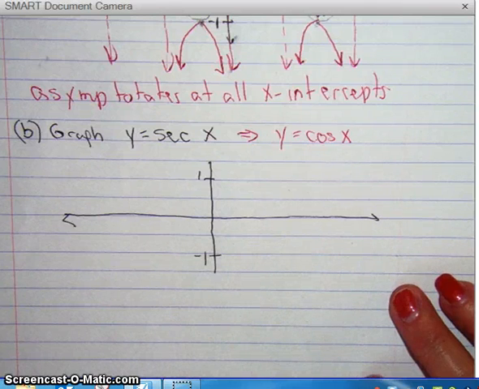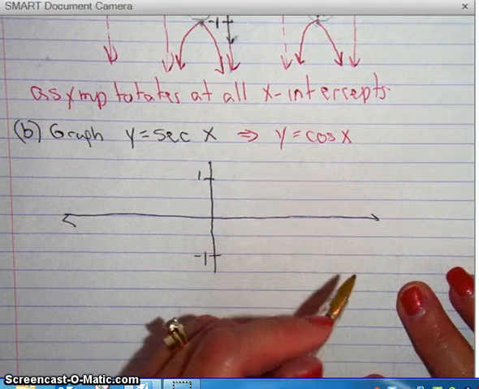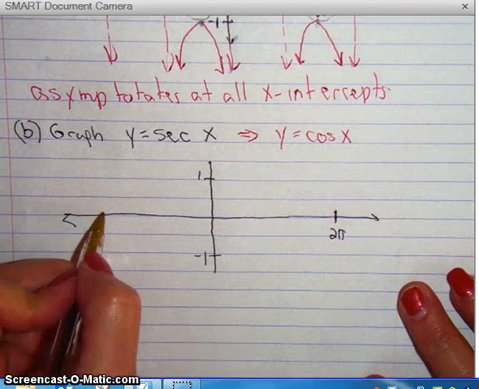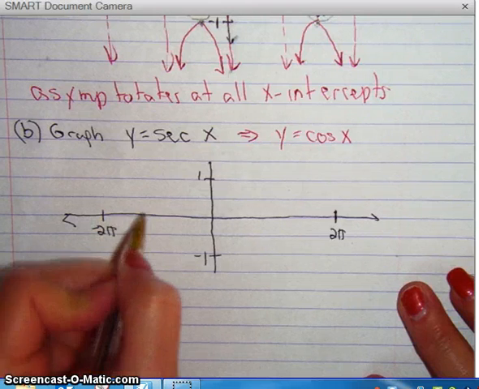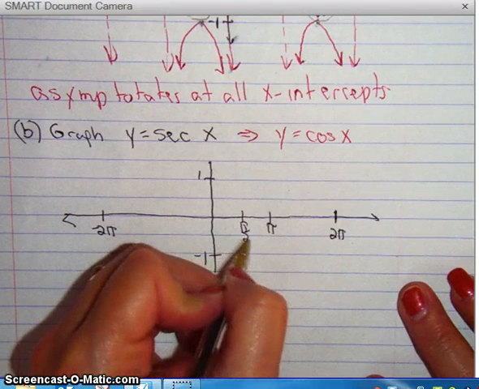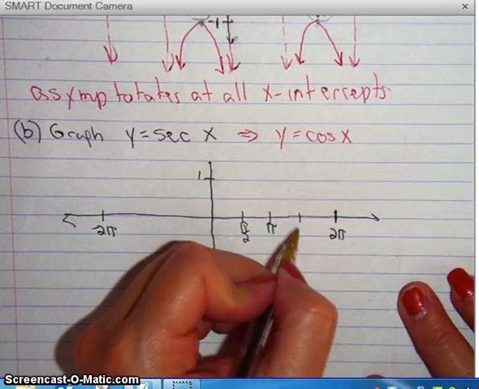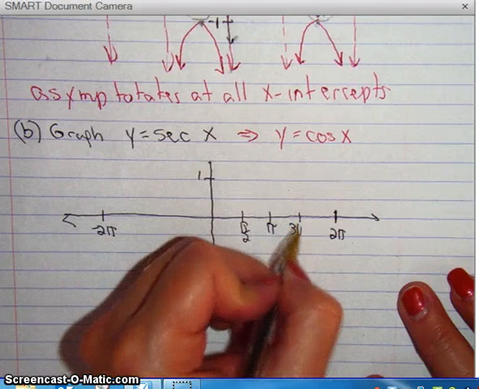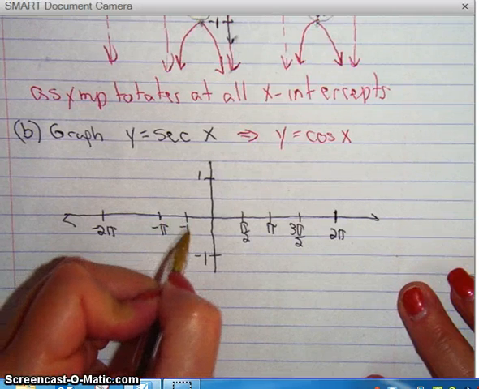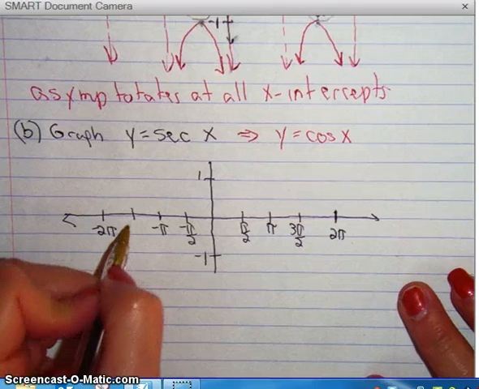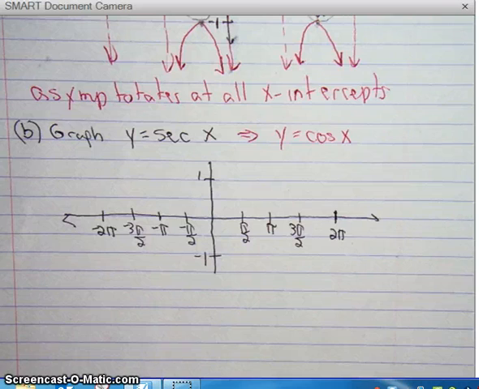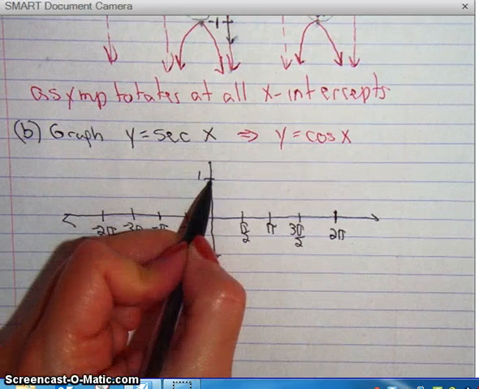Nat, what is the period for cosine? 2 pi. All right, so go ahead, graph your cosine curve as dashed.